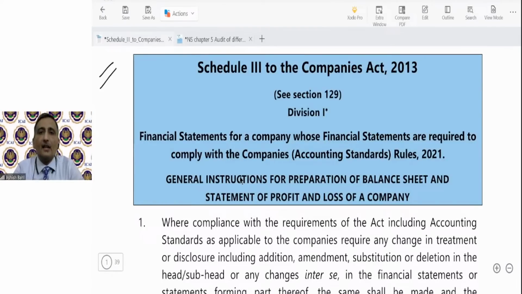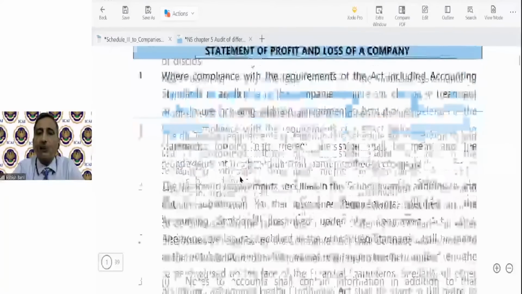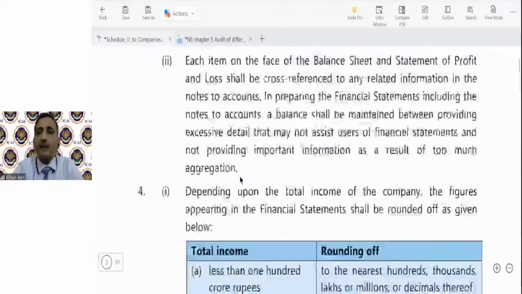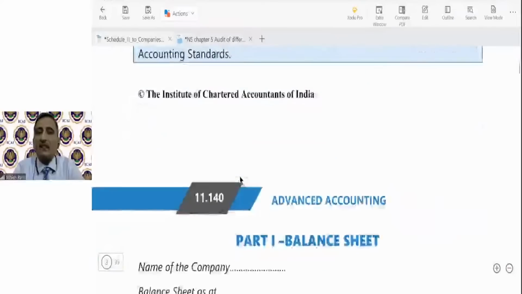This Schedule 3, Division 1, you shall be reading in your accountancy classes when you will be doing Module 3. But keep in mind that without understanding this Schedule 3, you cannot do justice with this chapter.